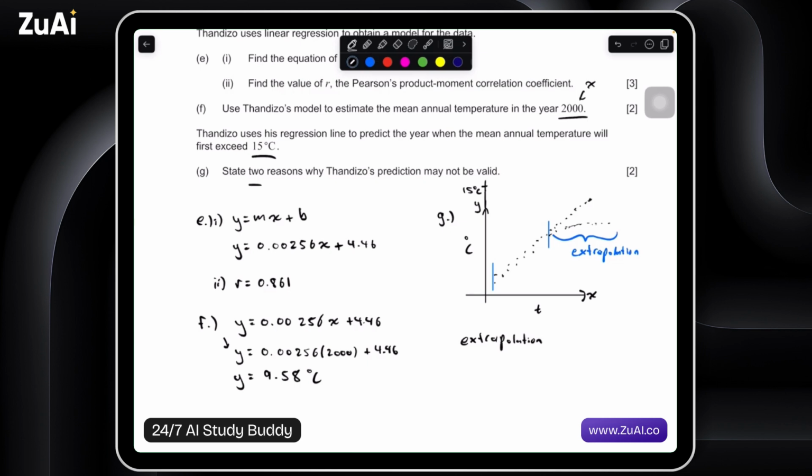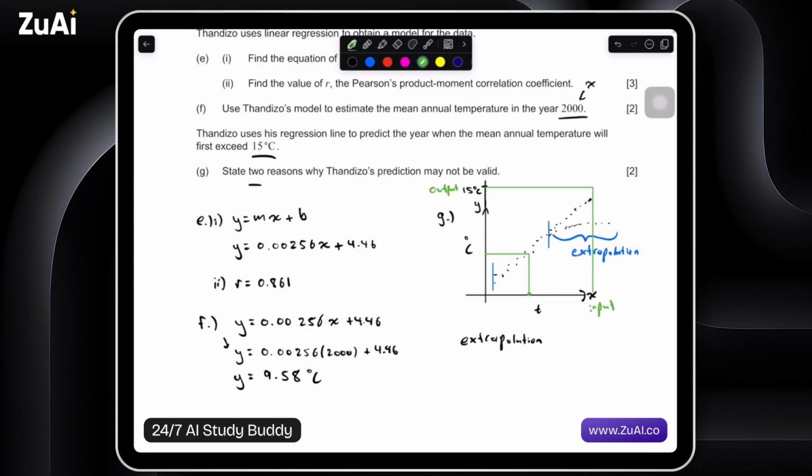The other reason is a little more complex, actually. What Thandiso is trying to do is relate a y value right here, this 15 degrees, to an x value. So he's trying to relate an output to an input. And when we use a regression line to make a prediction, what we often do is use an input to map to some output. And there's no guarantee that we can necessarily go the other way.